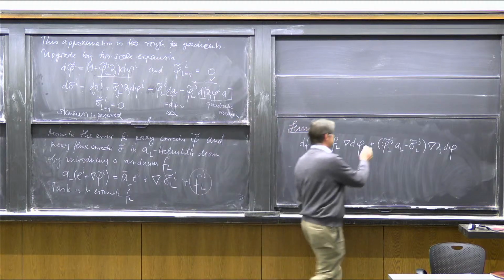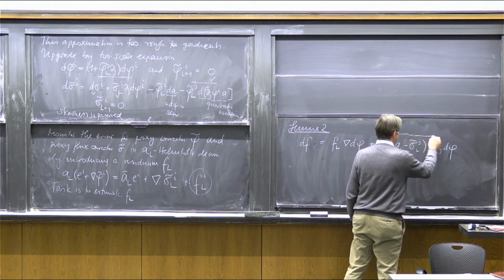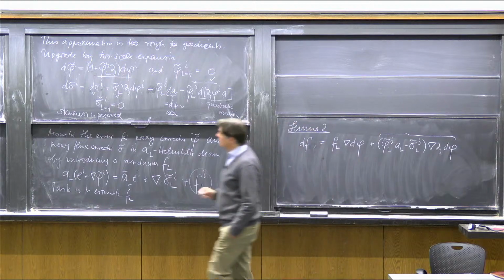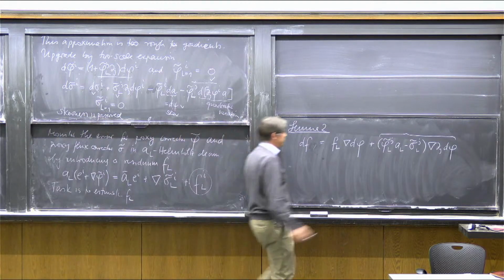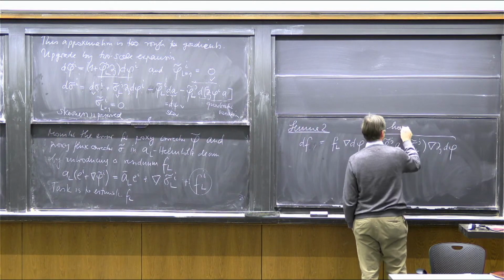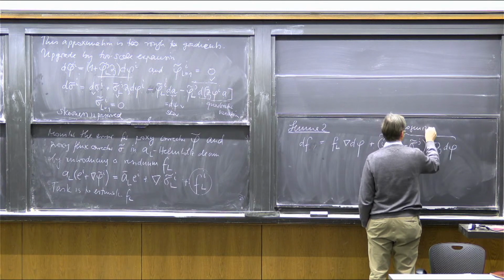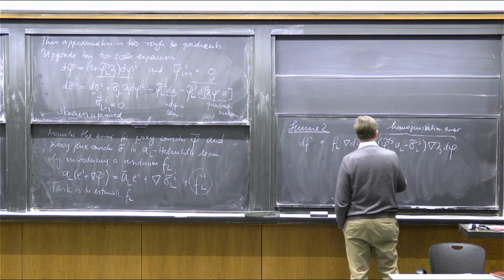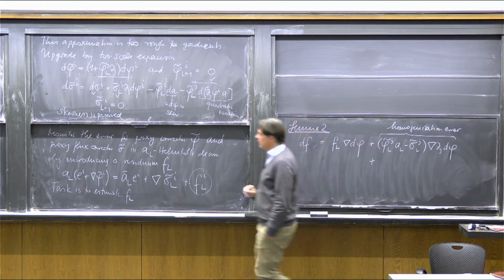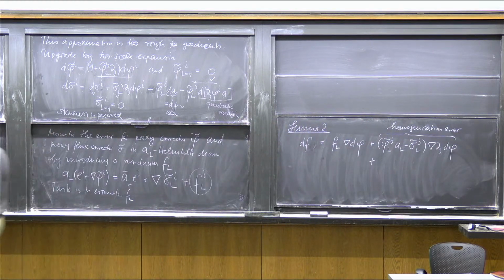So that's the price we have to pay for committing this crime here. So that's the homogenization error. And then there is also a price we have to pay for doing this linearization.